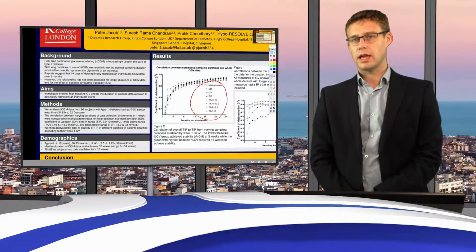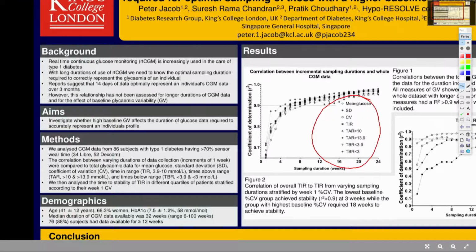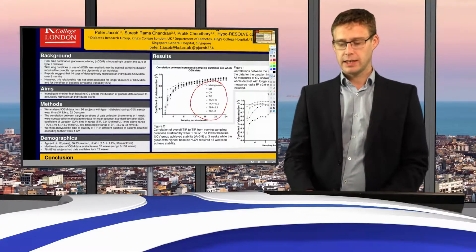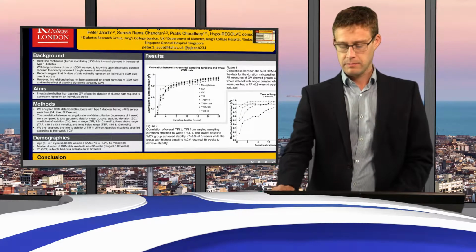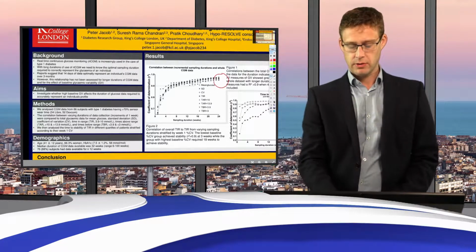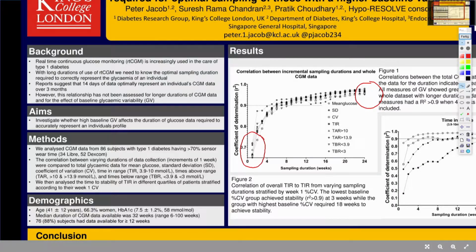For each of the individuals in the study, we identified their mean glucose, standard deviation, coefficient of variation, as well as the time in range, time above range, and time below the standard range of 4 to 10 millimoles per litre. We calculated each of these measures for the entire data set, but also then for the first week's data only, and performed a correlation.